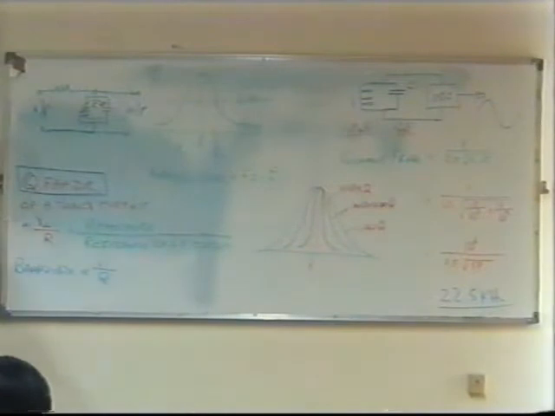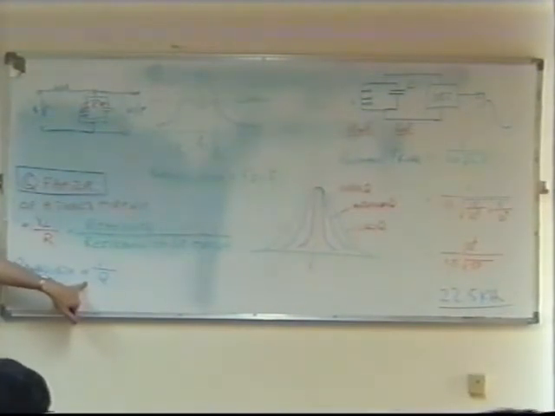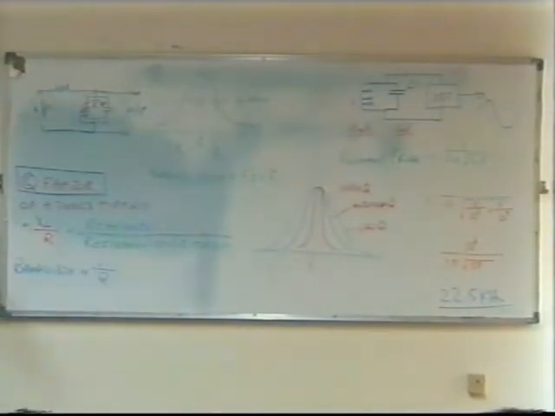There's actually a little bit more to it than that. It is proportional to 1 over Q, but 1 over Q itself is not a frequency. Bandwidth is a frequency, isn't it? So you'll need to know your resonant frequency.